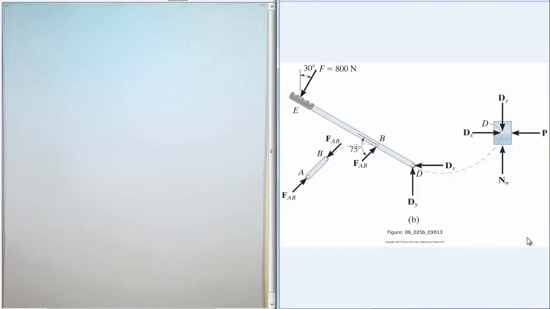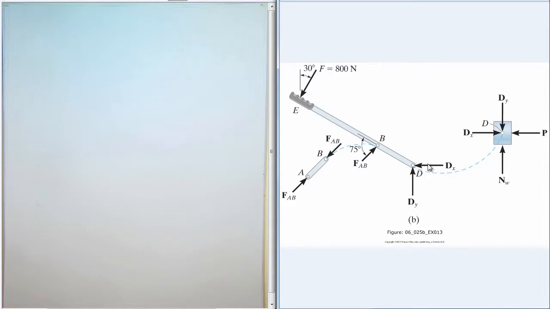And then object D runs in the channel, so we have this normal force from the walls, and then we have the pressure of the can pushing back against it. And here's the same force Dx and Dy that acted on the lever arm. It's just that on the block, those forces are acting in the opposite direction.